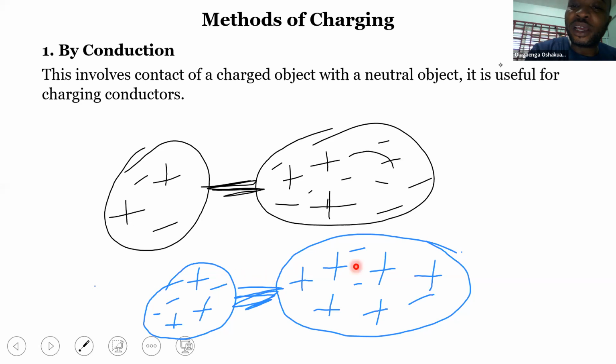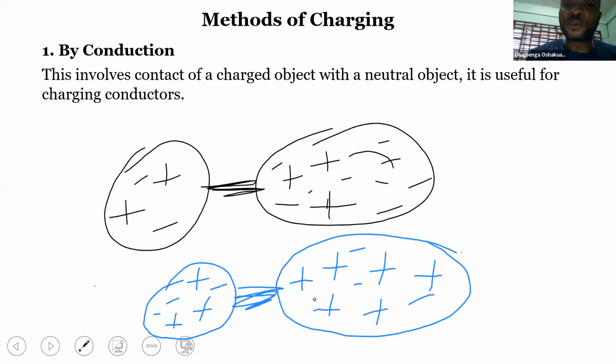So when a positively charged body, a body which is deficient in negative charges, which is deficient of electrons, is brought in contact with a neutral body, negative charges, electrons, are the lighter, mobile ones, the ones that have to move. So the negative charges will flow from this neutral body into the positively charged body.